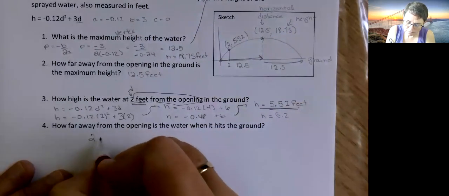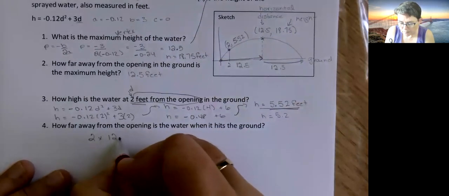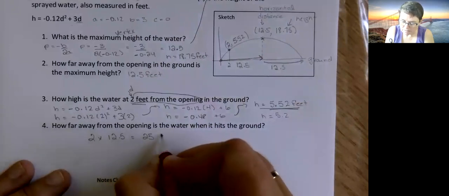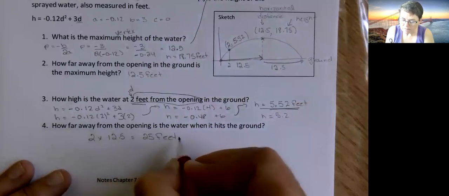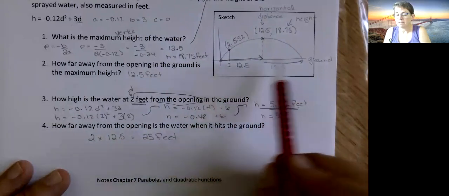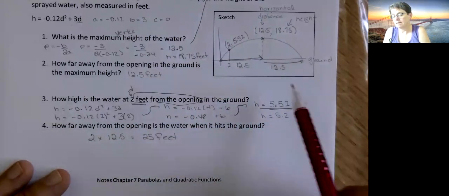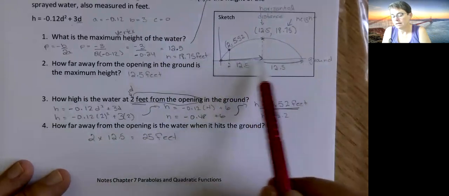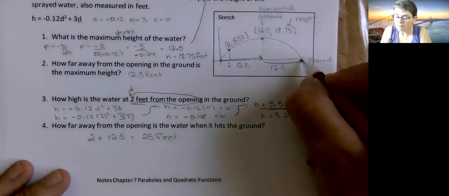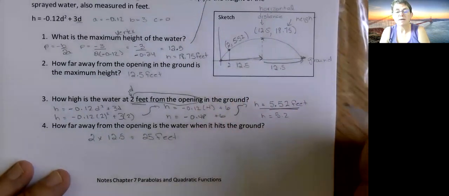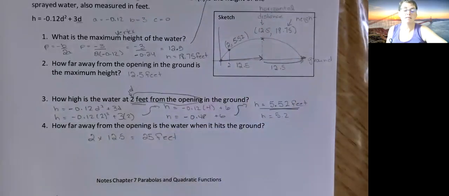So 2 times 12.5 is going to be 25 feet on the opening. That's where the symmetry comes in. Almost always with symmetry, you're looking for this point down here, and you just double what it is to the maximum. And there we go. That's the end of the video.